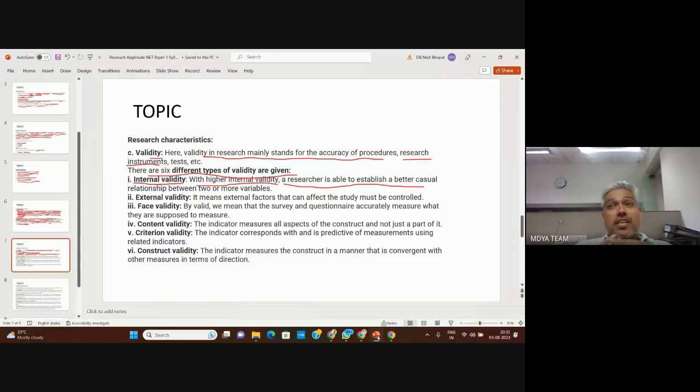In the research steps, which we will learn later, there is a very important thing. If you have cracked your UGC NET, got your JRF marks, and go for admission in any university, during admission they will ask you to prepare a synopsis, right? To prepare a synopsis, first of all you have to choose a problem.